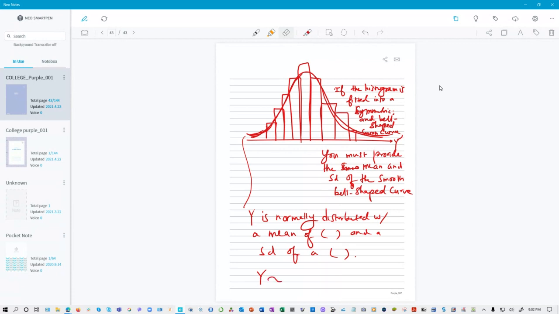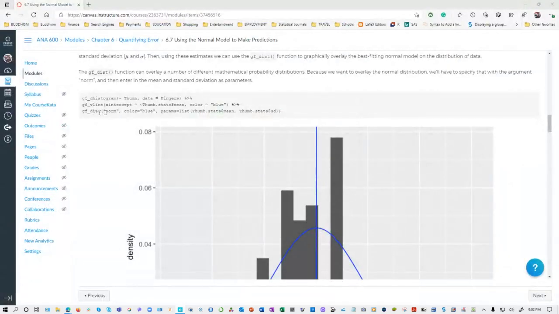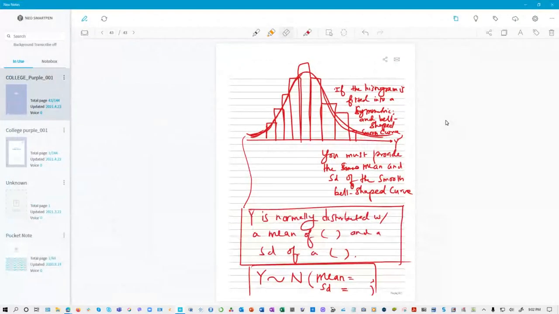Normally people like to write this mathematically: y ~ N, they put the mean here as the value, comma, standard deviation, and close it. That's the mathematical way of writing. That's what they were asking when they were trying to put the smooth curve. Those are called the parameters. These two are called the parameters. The mean is a parameter, it is for the population. This one is also a parameter, that's for the population.